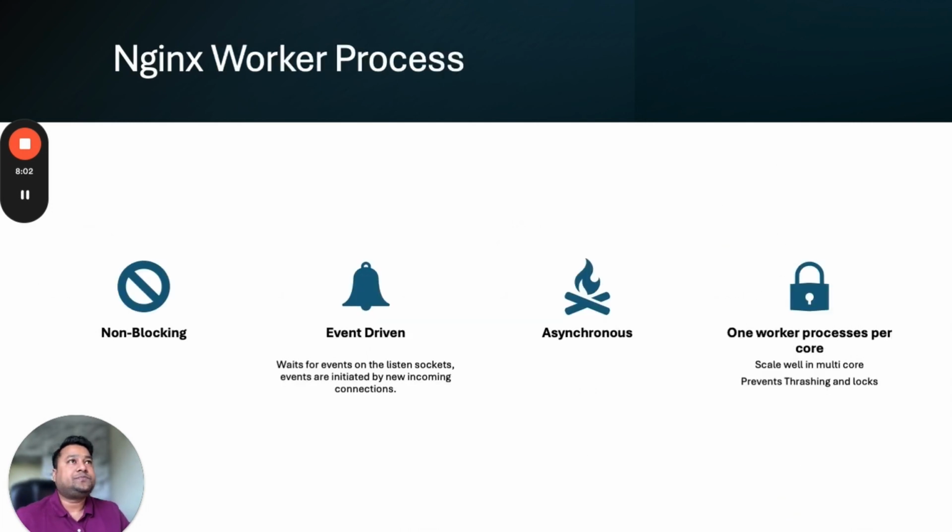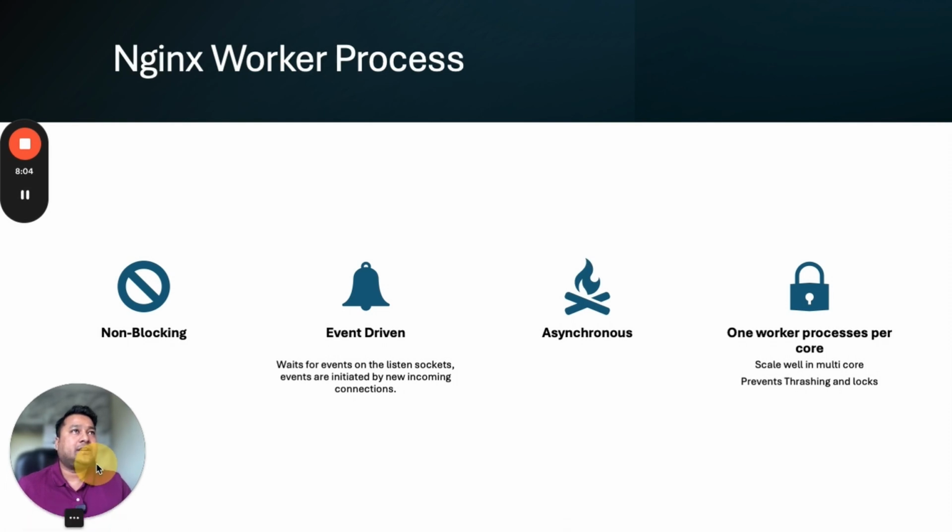So let's move on and try to understand the Nginx worker process in depth. The fundamental principle of Nginx is its non-blocking nature. That's how it makes it faster, right? Even if you look at Spring, we have the traditional Spring model where every request converts to one thread.